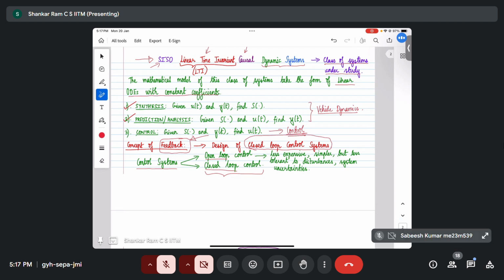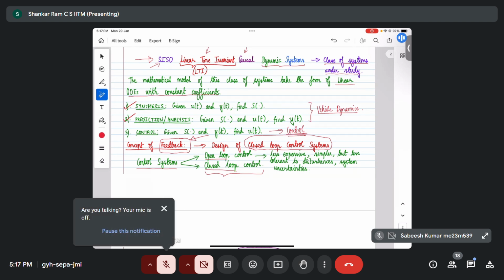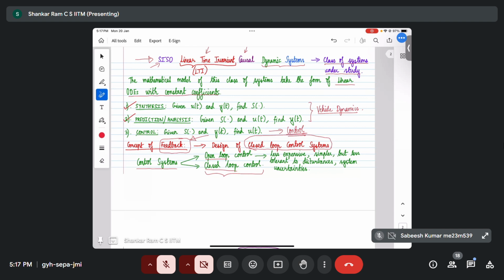So in an open loop control system, since there's no feedback, we will not be able to account for any uncertainties or disturbances and so on, right? But in a closed loop control system, we have feedback and we should be able to account for uncertainty and system disturbances, right?